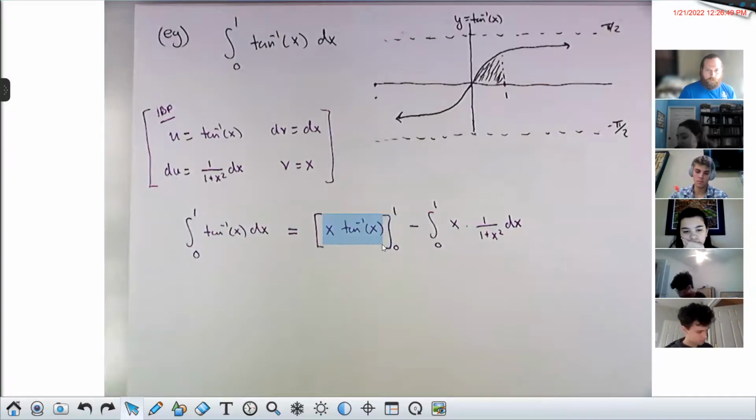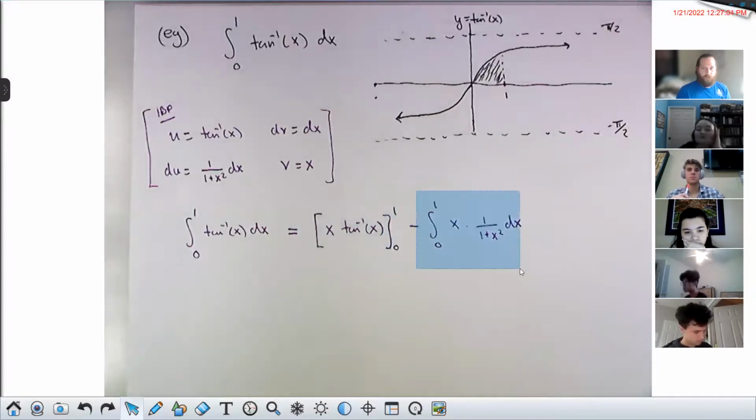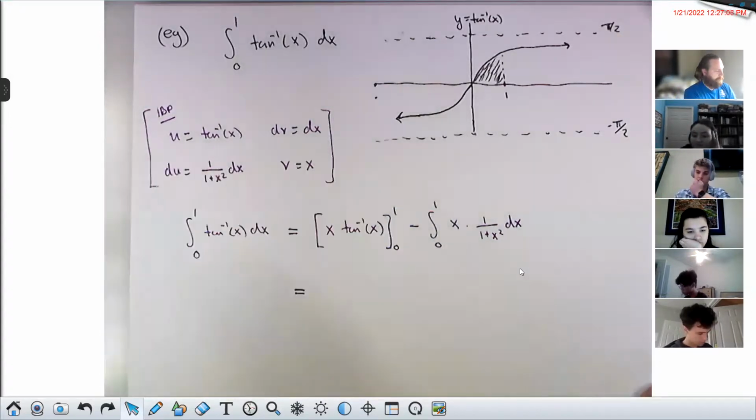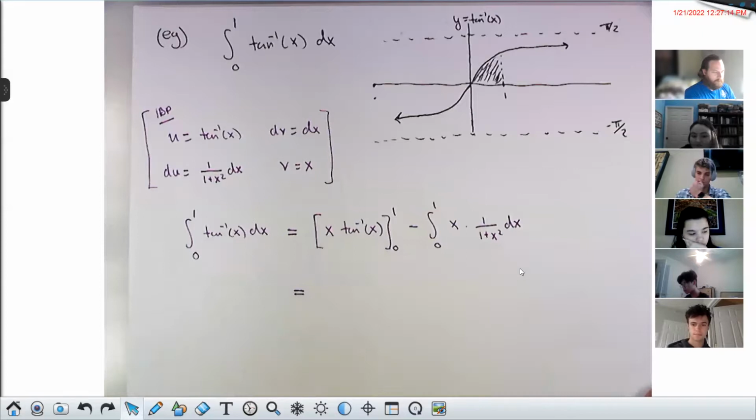We should do the evaluation here before we start crunching on this integral, because this is a lot to write. And these things usually simplify to just a number. So let's find what this number is, and then we'll worry about that integral over there. When I plug in 1, I get 1 times the inverse tangent of 1.